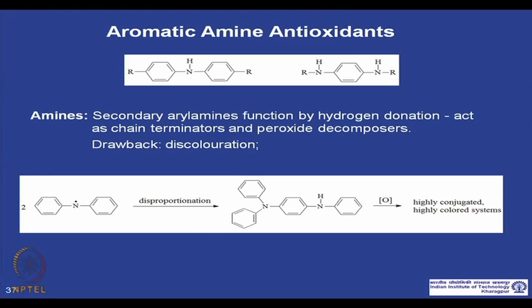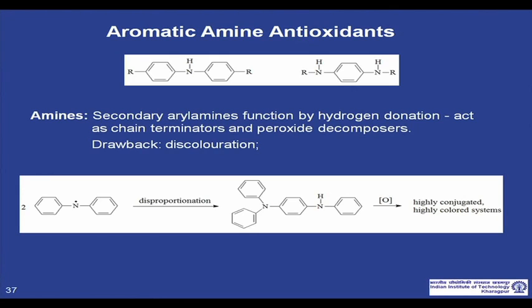The drawback is that they might produce color bodies, and that will discolor the polymer matrix. Now, these are some examples I am showing. There could be many more examples of these types of additives, but this is just for your knowledge of the possible ways of using additives and how they actually do their job.